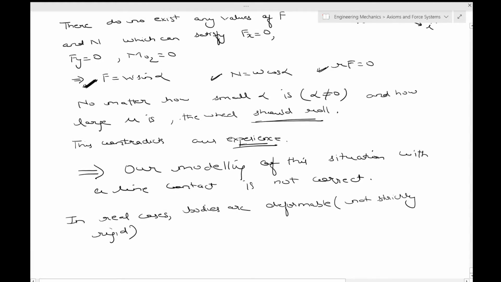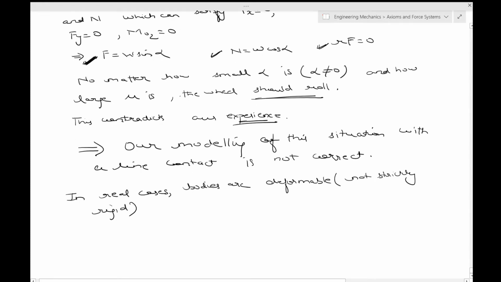Okay, so in that case they have a small surface area of contact. So if you draw this over B, the force distribution can look like this.